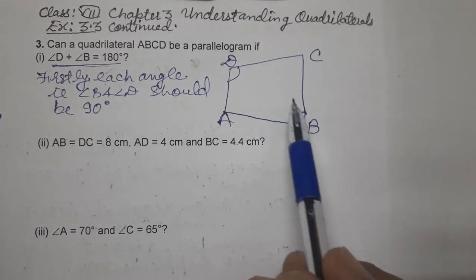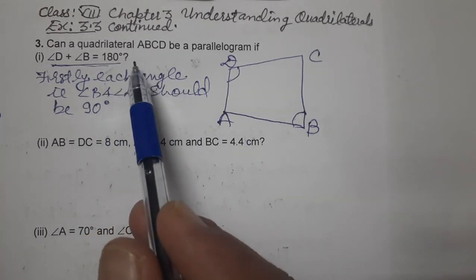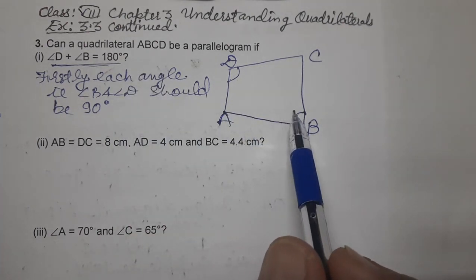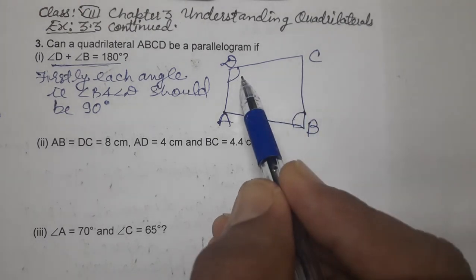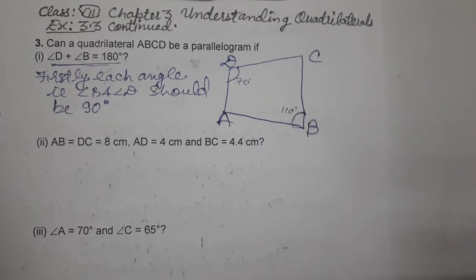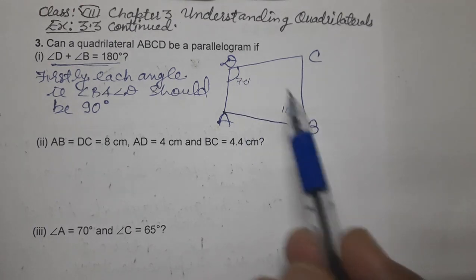Now see, angle B plus angle D is 180, given to us. It is not necessary that each angle will be 90. Maybe one is 70, the other is 110. The sum is 180 degrees, children. It is not given that both angles are equal. So their sum is 180.